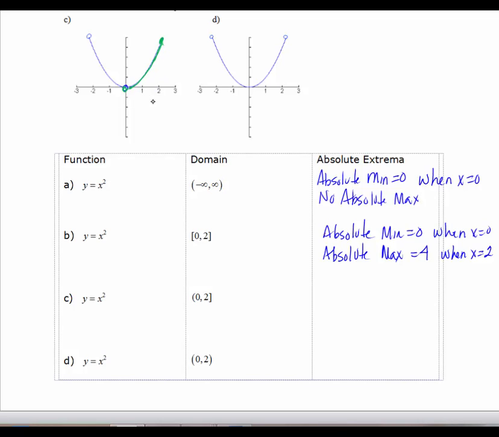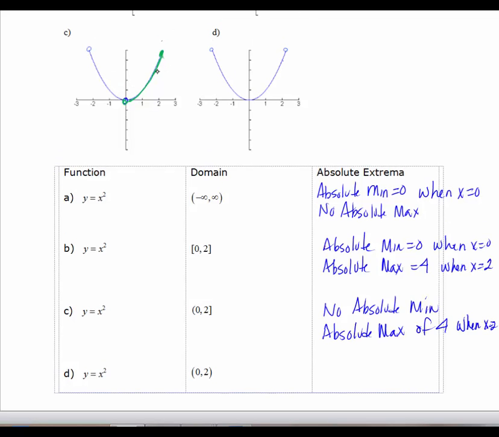We're looking here and we want to know, do we have an absolute minimum? And we do not have an absolute minimum. We have an open circle, and for every value that you can think of that's close to 0, we can find one even closer, even less than. So there's no absolute min. There is an absolute max on this interval. The largest y value is 4. So we've got an absolute max of 4 when x equals 2.